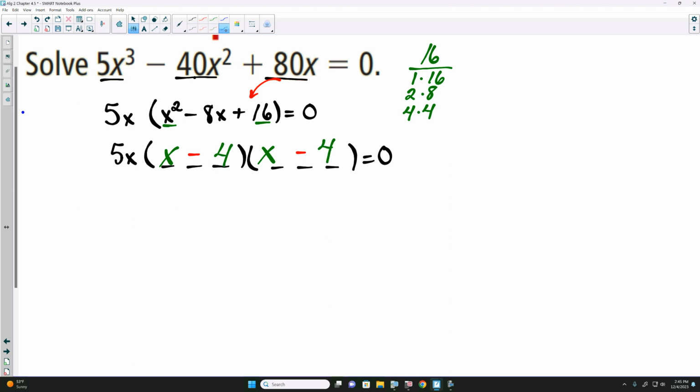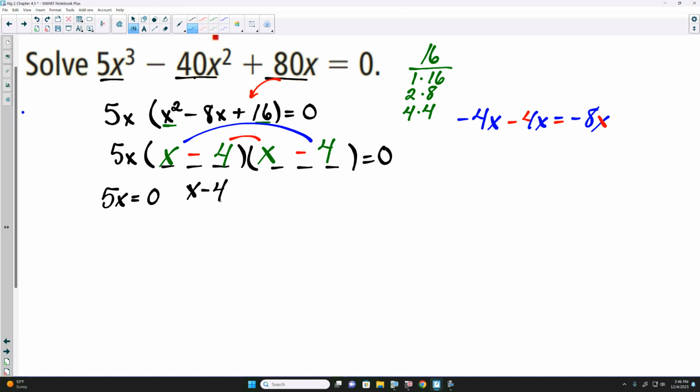And if we check this to see if this is the correct middle term, x times negative 4 is negative 4x. Negative 4 times x is negative 4x. And negative 4x minus 4x is negative 8x, which is the middle term we wanted. So those are the correct factors. Any questions on this here before we move on?